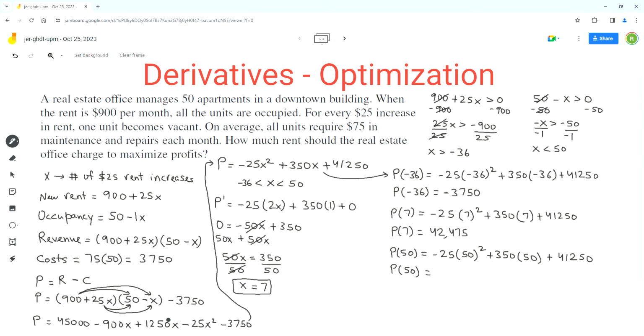So that equals negative 3,750. So by comparing these values, we can conclude that the profit is maximized at x equals 7.